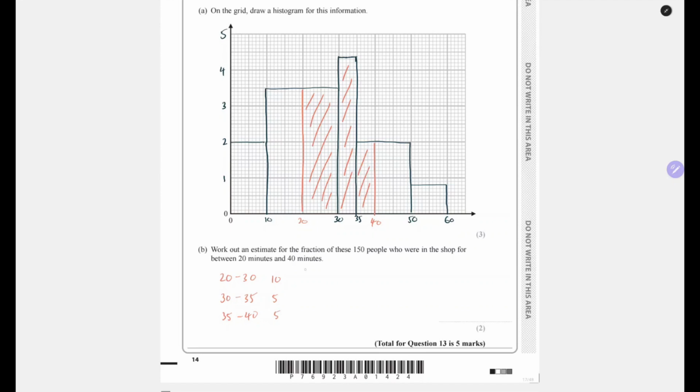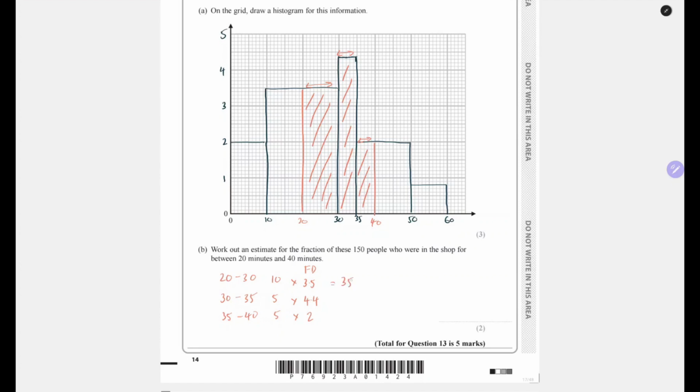The frequency density for each of these time durations is 3.5, as we can see here. Then we've got 4.4, as we can see here. And then we have 2, as we can see here. So we're going to multiply these together to get the total frequency.